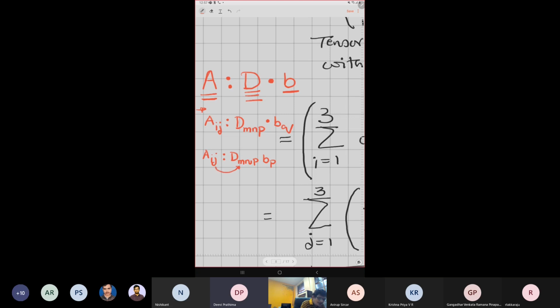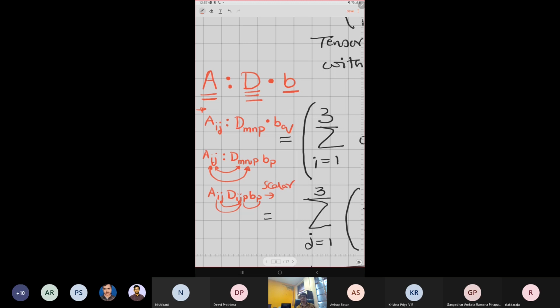Why don't you have one? Because double condensation I have to do, so on two indices I have to condense. That means both I free index on N or M, J free index on M or N. One of them I have to really do. That means I'm going to really replace Aij, Dij, Bp, where P is repeated. So it is supposed to turn out to be a scalar.